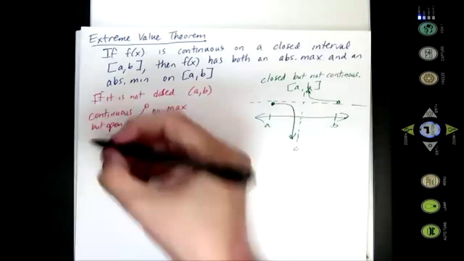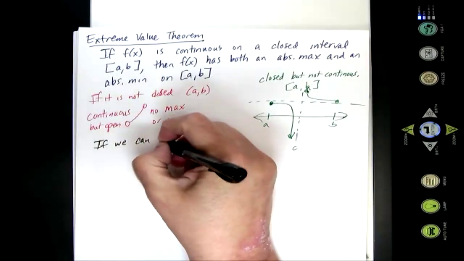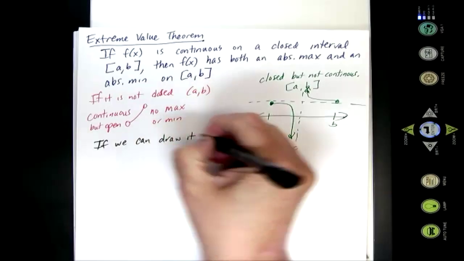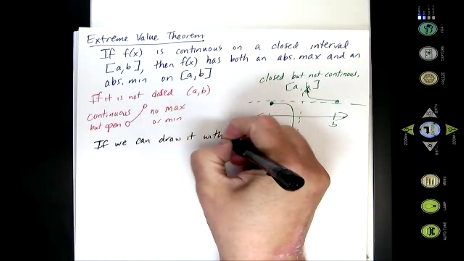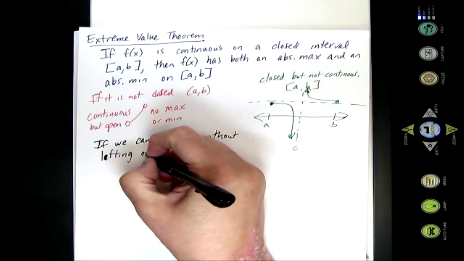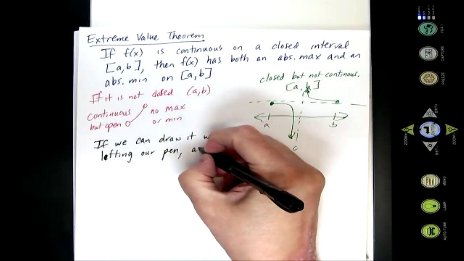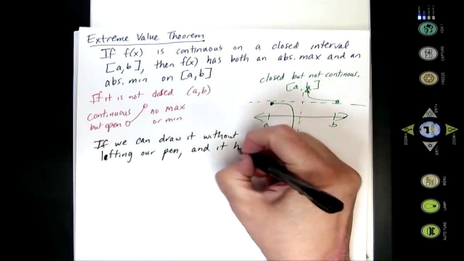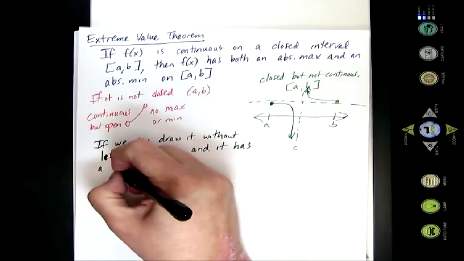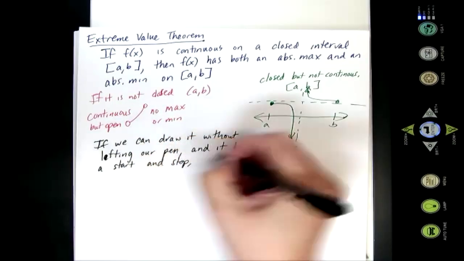If we can draw it from start to stop though, without lifting our pen or pencil, and it has a start and a stop, there's a max and a min.